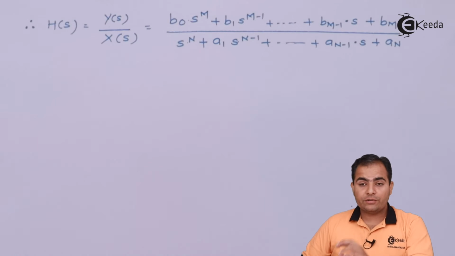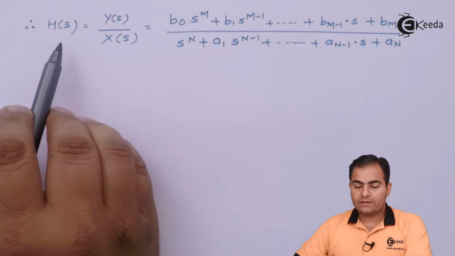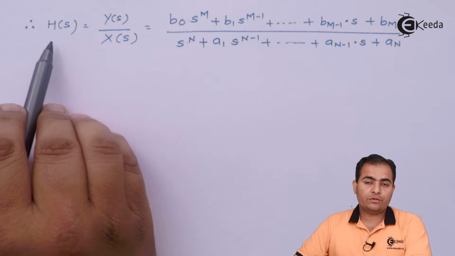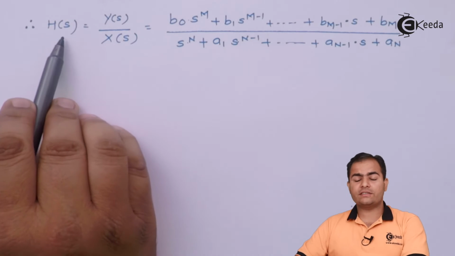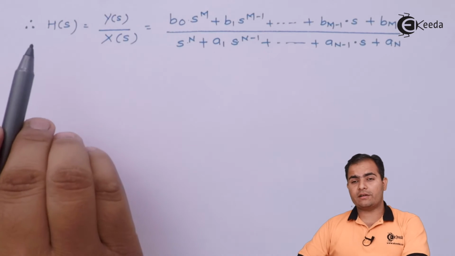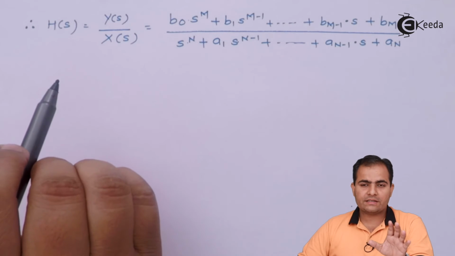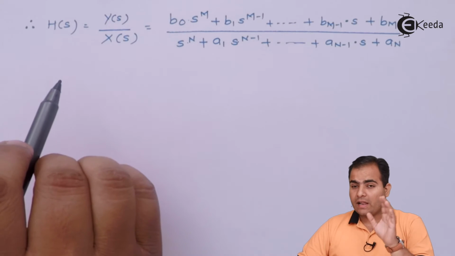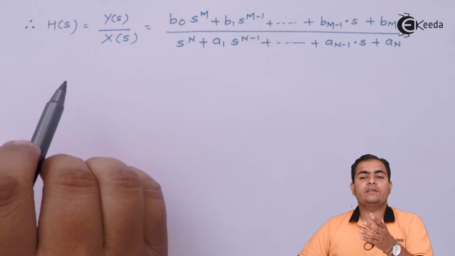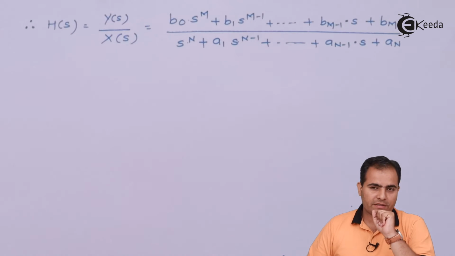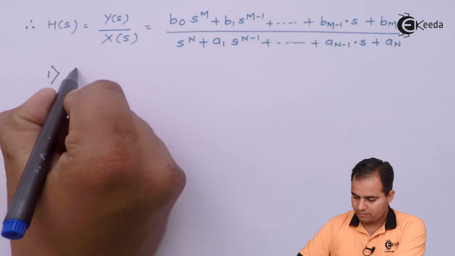Now they may ask you different types of questions after this, like they will ask you to find out a transfer function. Transfer function is nothing but H(s), and how are you going to calculate the transfer function? By just applying Laplace transform by assuming initial conditions are 0. This will be the first case or for the first question.